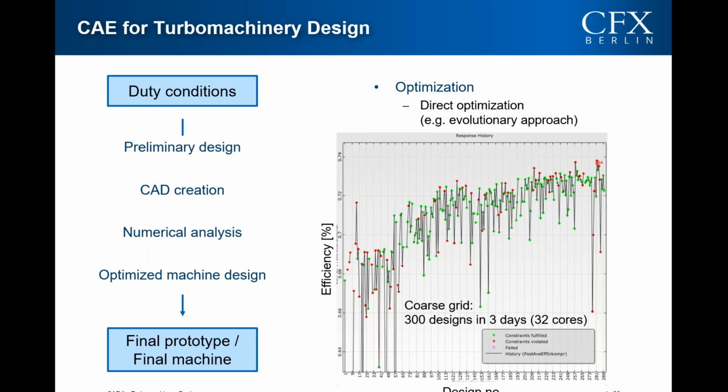And within this direct optimization, the evolutionary algorithms are very famous. The picture here shows the optimization history of a radial fan. So we started around here with the design, and then it takes about 300 calculations to gain a 5% improvement in efficiency.